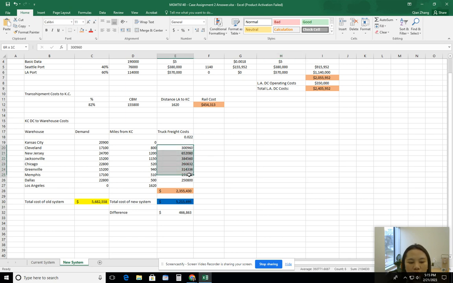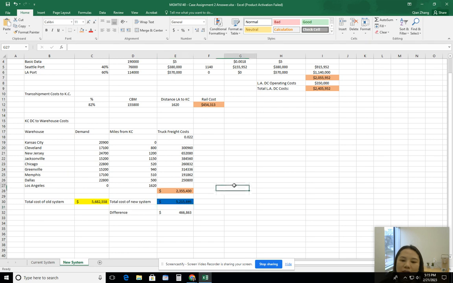So the total freight cost will be the cost for other warehouses here, and the total cost will be 2,355,430, and the total cost will be the sum of all the costs here.